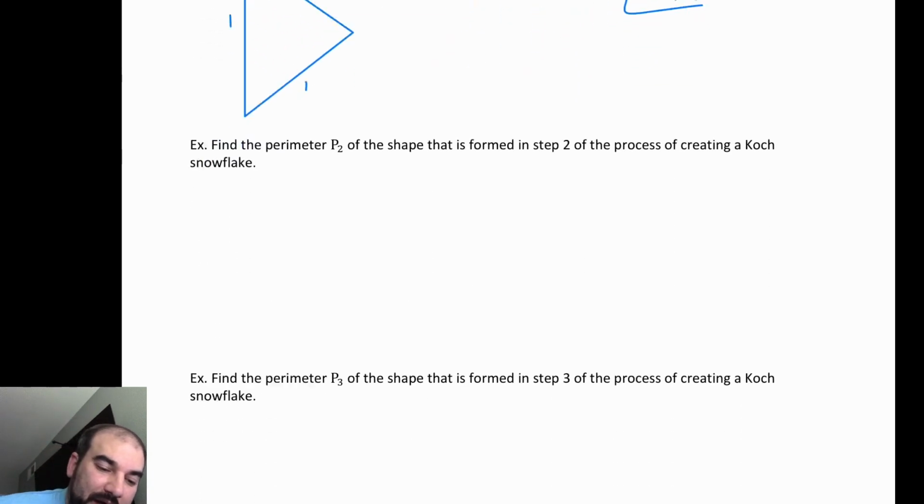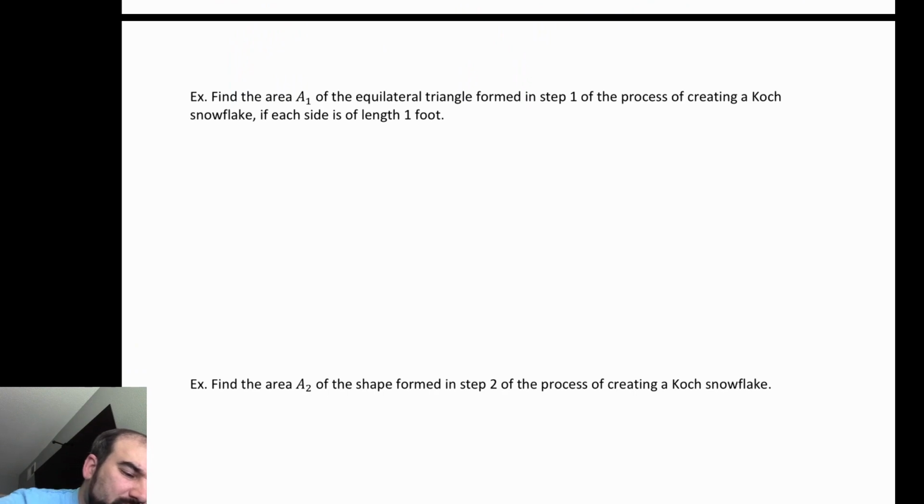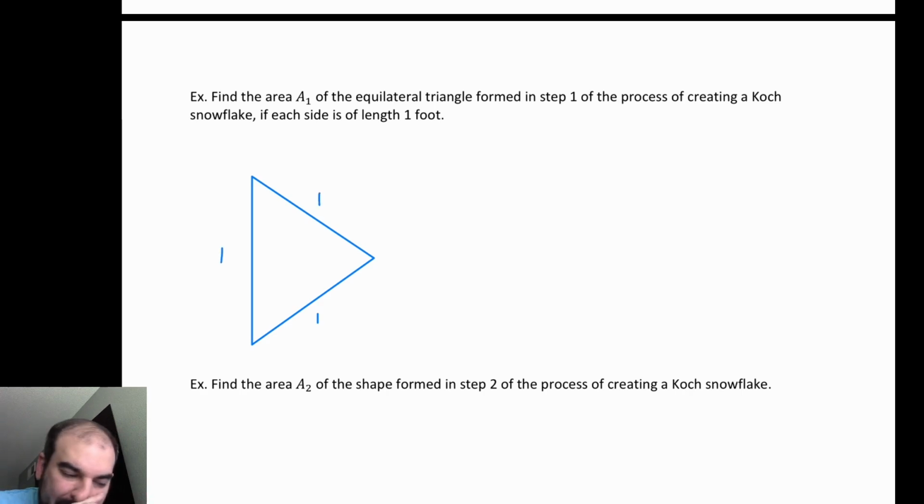Okay, let's talk about area. Area is a little bit more interesting because we're essentially finding the area of a triangle, which I'll draw the first one here, where each side is length 1, but we want to find the area.